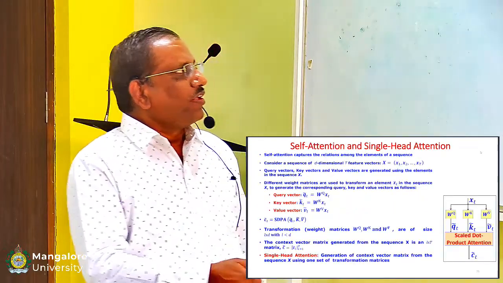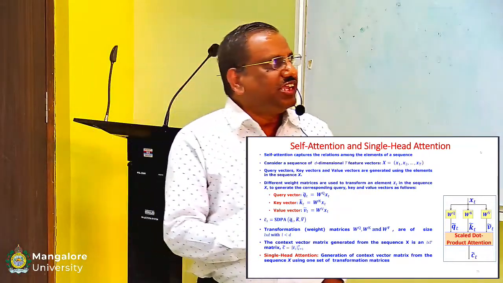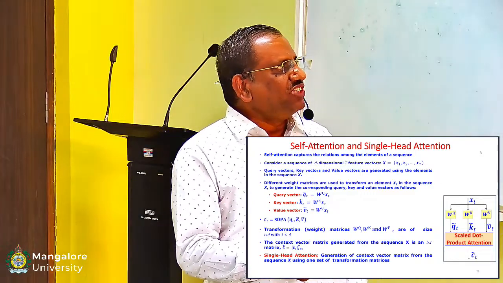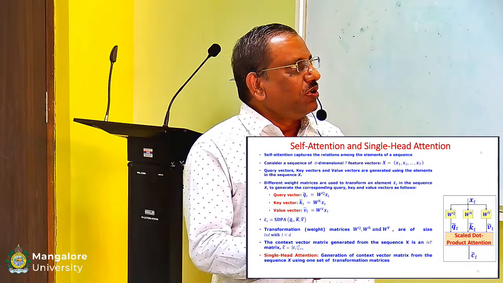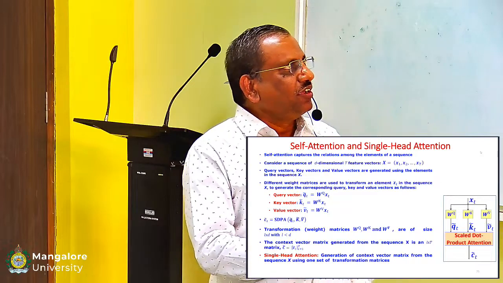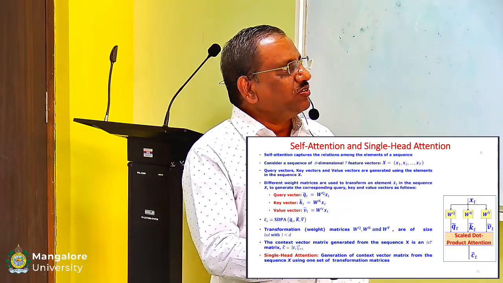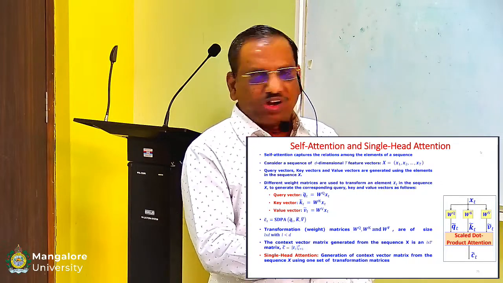Okay. Now we introduce this term called the single head attention, which tells us how we generate this query, key and the value vectors from one of the elements in the sequence, right? Let's say if I take x1, I multiply that x1 with this WQ matrix, I'll get some new representation of that word.